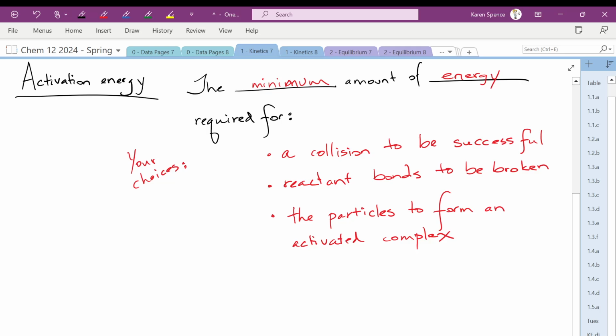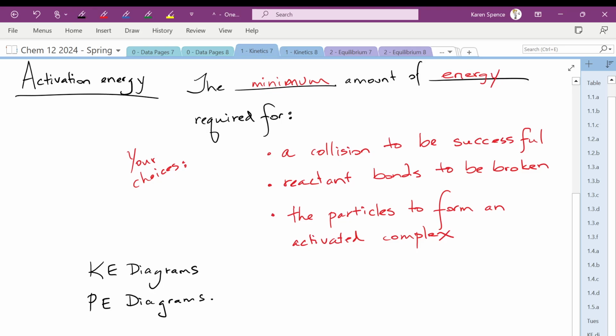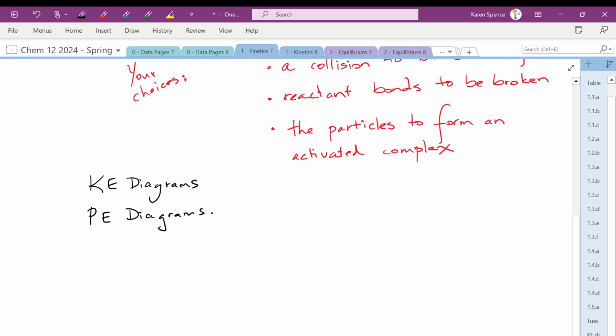What type of diagrams have we drawn? We've drawn kinetic energy diagrams. And we've drawn potential energy diagrams.